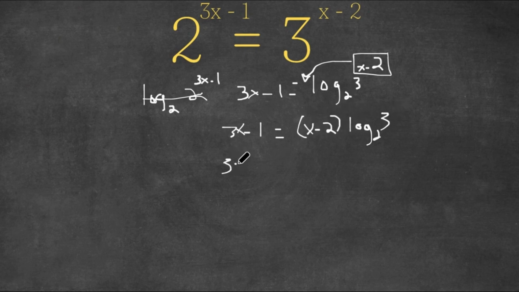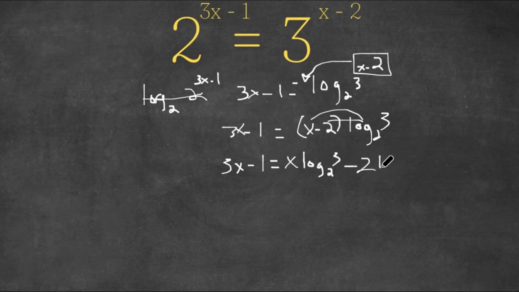So this is 3x minus 1 equals, well, x times log subscript 2 of 3 is simply x log subscript 2 of 3 minus 2 times log 2 of 3 is simply this. All right, so now as you can see, we have our equation here.